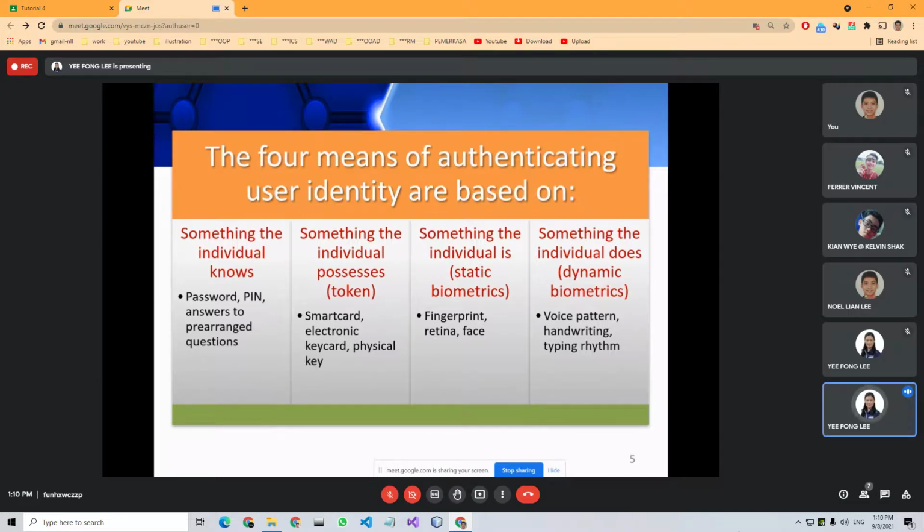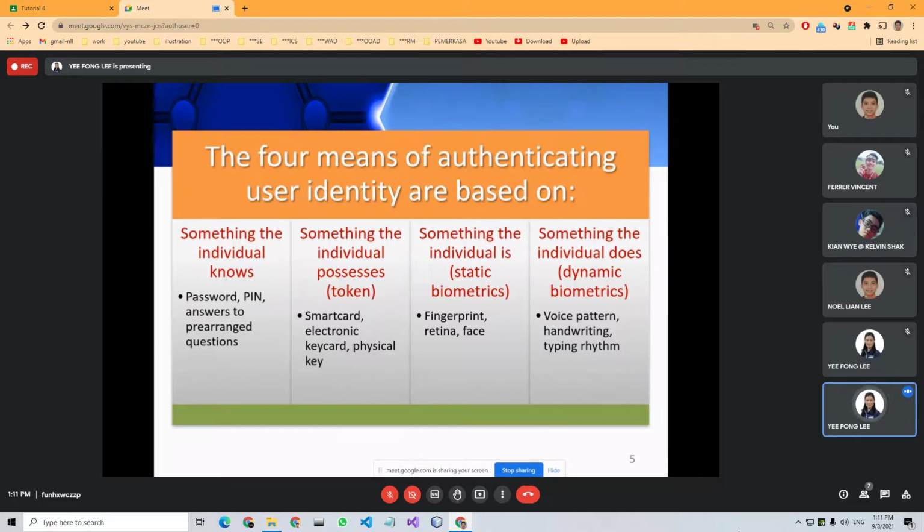Third, what the individual is, meaning our characteristics or physical features, such as our fingerprint or retina. The last one is dynamic biometrics, about our behavioral patterns, like voice pattern, handwriting or typing rhythms. So these are the four general types to authenticate the user's identity.